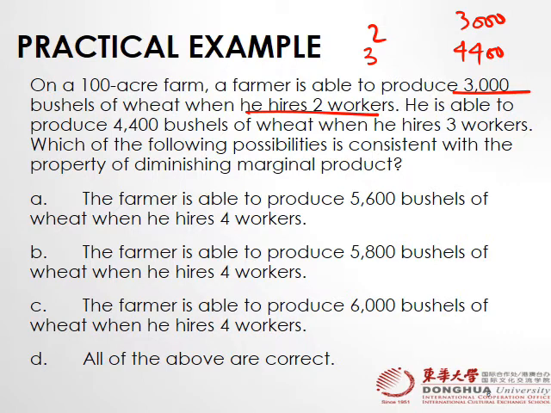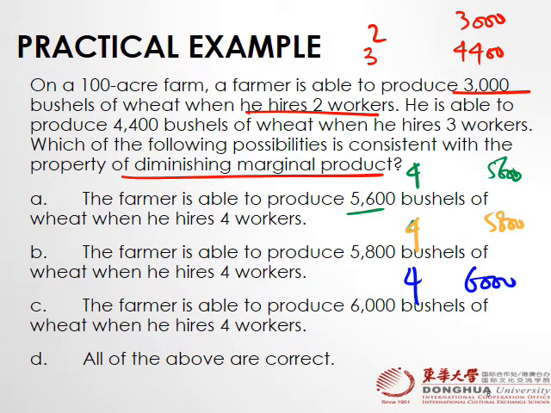Which of the following possibilities is consistent with the property of diminishing marginal return? So 4 workers: 5,600, or 4 workers, 5,800, or 4 workers, 6,000.